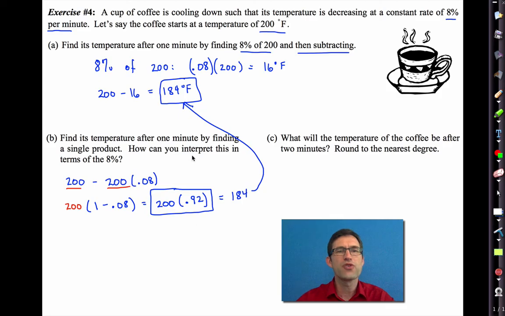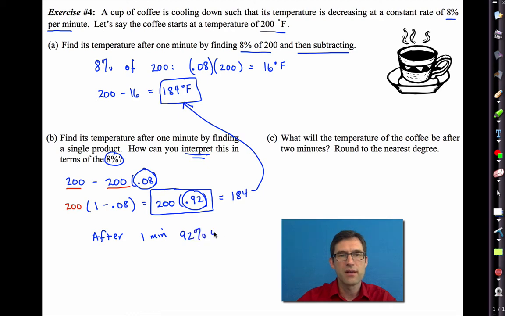Now, how can we interpret this? Well, take a look at this number. Think about it in terms of this number or this number, right? The way I interpret this is, after 1 minute, 92% of the temperature remains.